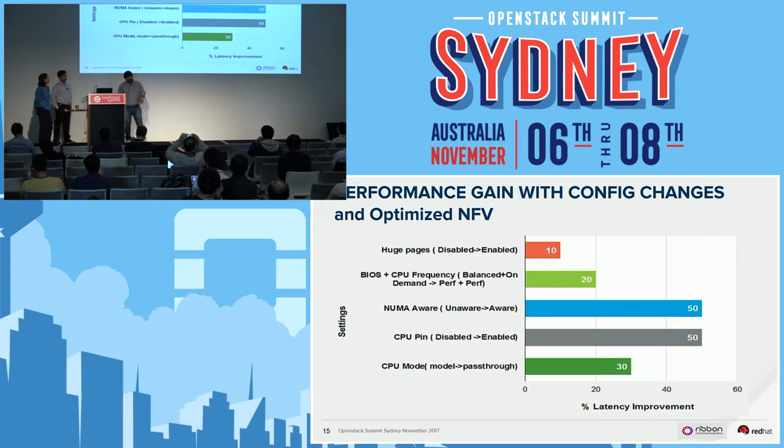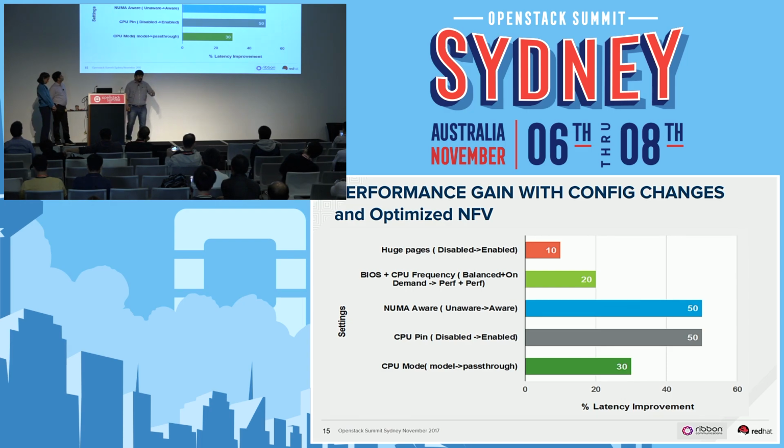So before going into a little more detail of what CPU or memory changes are required, this is just to give you a brief on what performance gains we look at when we have an optimized NFV running with all the performance changes done at the OpenStack level. If you have huge pages enabled, which is by default disabled in OpenStack, you get around 10% improvement in the latency factors and so on.